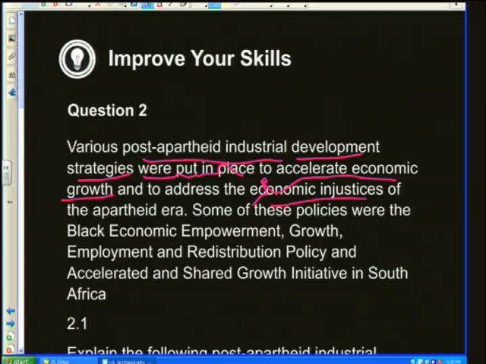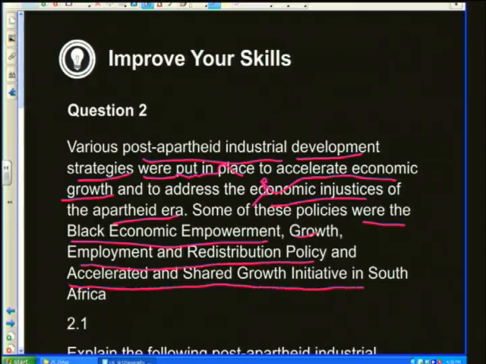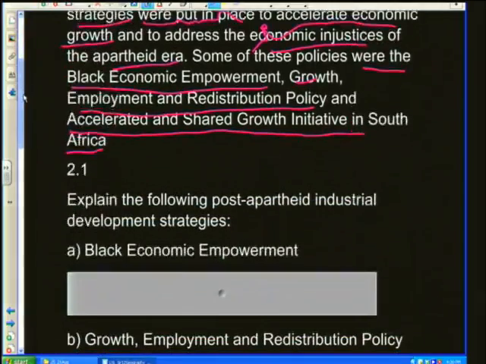This was the intention, to address the economic injustices of the apartheid era. Some of these policies were Black Economic Empowerment, BEE, the Growth, Employment and Redistribution Policy, GEAR, and the Accelerated and Shared Growth Initiative in South Africa. These were 3.